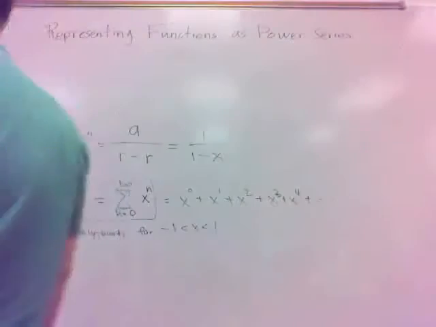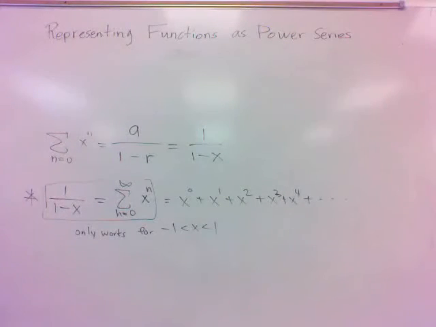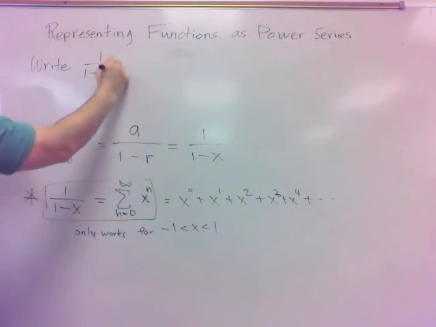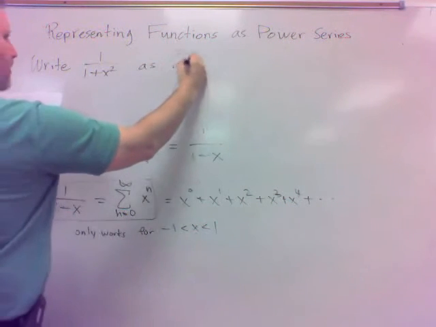What we're going to do is we're going to try to take, in basic form here, something that resembles more or less something like this, and we're going to try to write it as a power series. That's what we're going to try to do. Sound like fun? Okay, write 1 over 1 plus x squared as a power series.